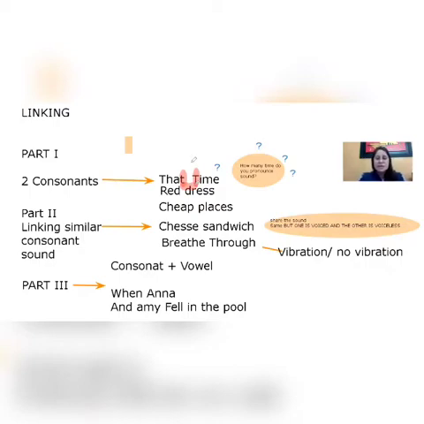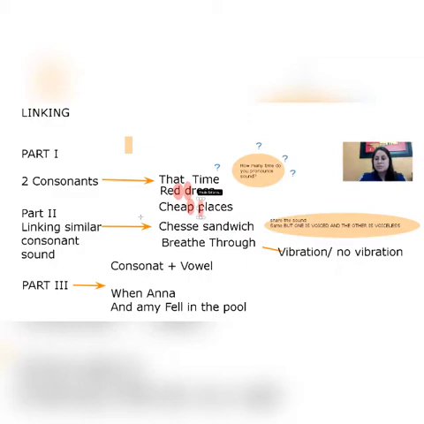Another example I have here is "red dress." You never pronounce "red dress" separately. It's impossible. In order to have good fluency, you have to just link the sound. That is the same, so you have to say "redress." And the last example that I have is the sound p, as you can see here.